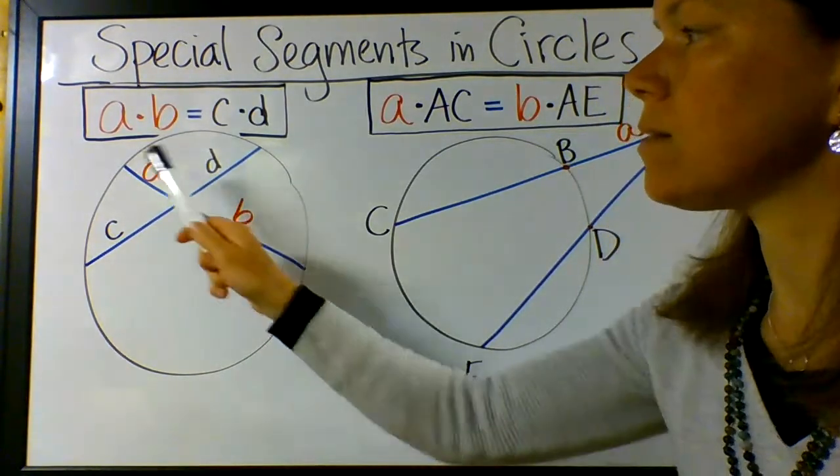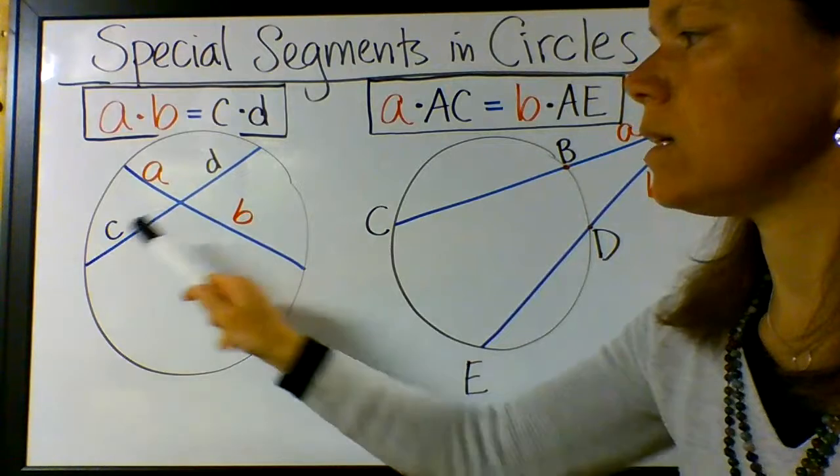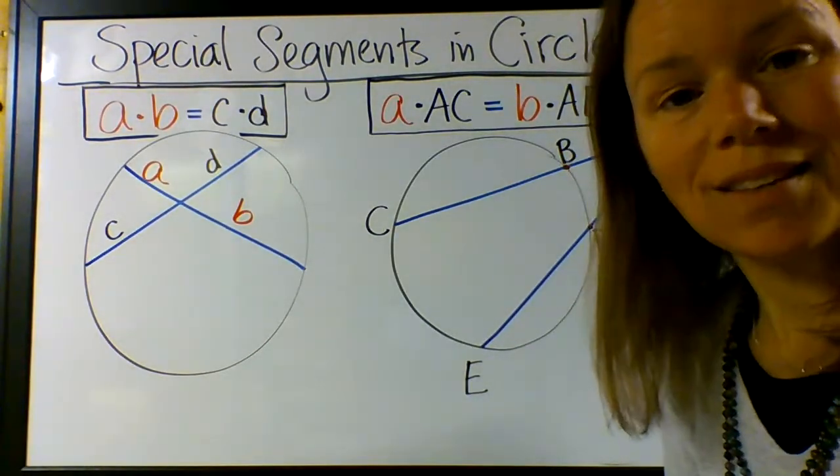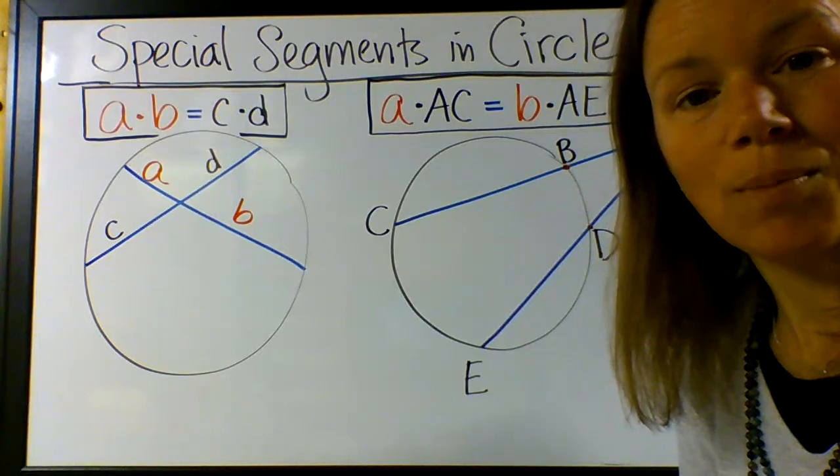So in this case, A times B equals C times D. So it's pretty simple, and I'm just asking you to do some problems that help you remember that.